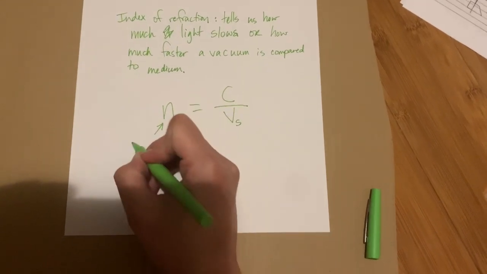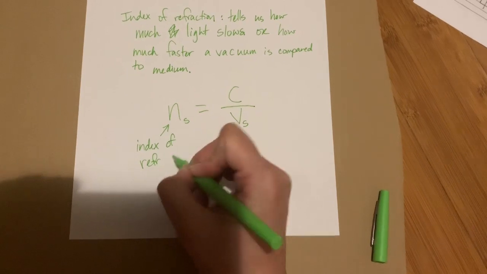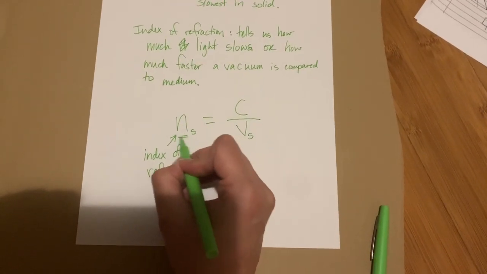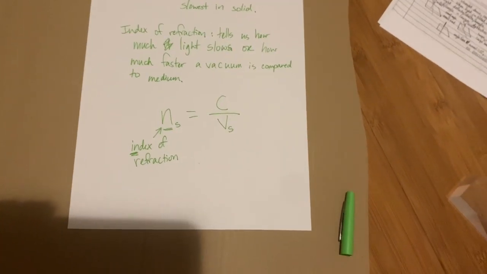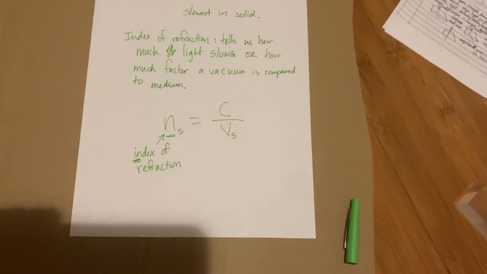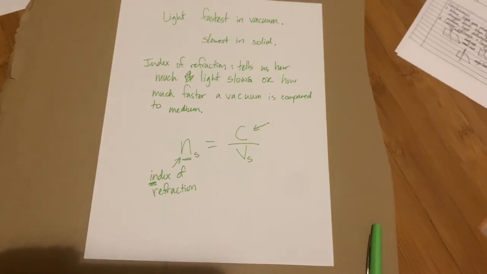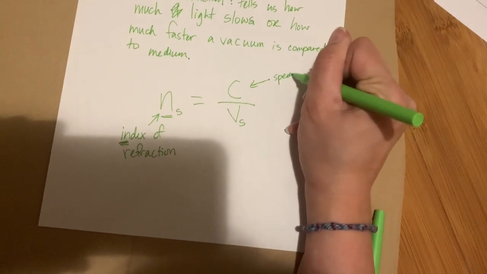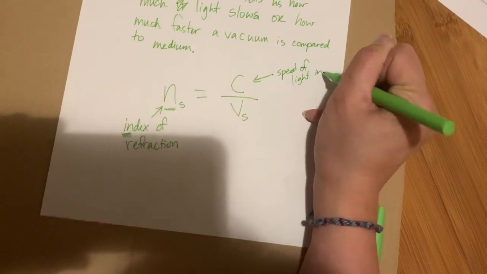N is the index of refraction. So N is the index. This tells us how much faster it is in a vacuum, or how much it will slow, or how much it will bend. C, you learned about from Ms. Hart. C is the speed of light in a vacuum.